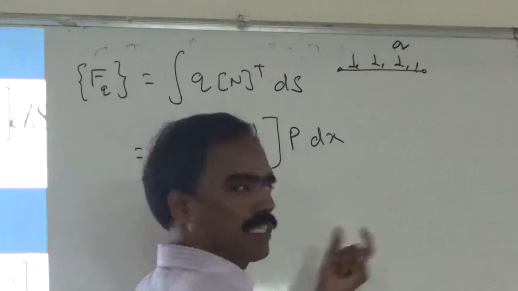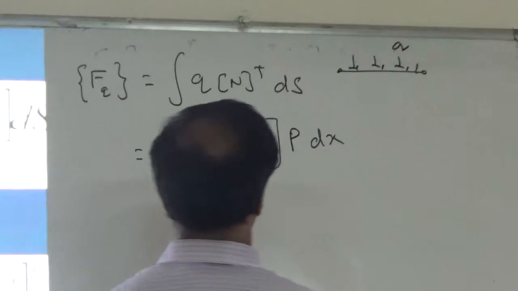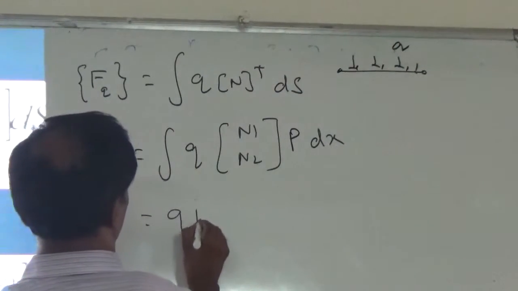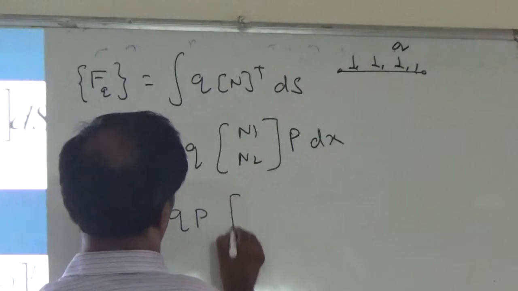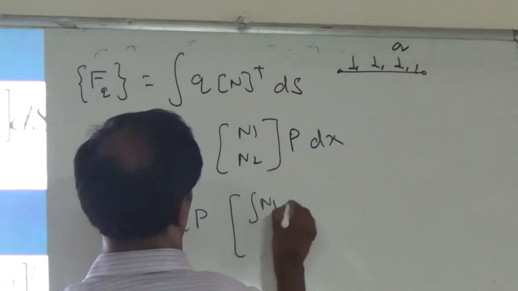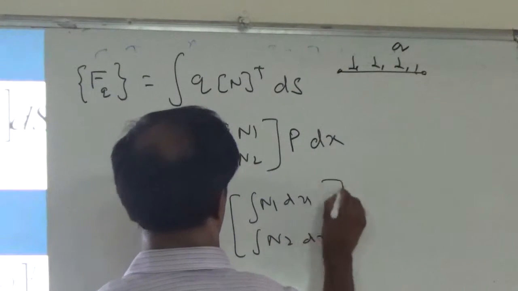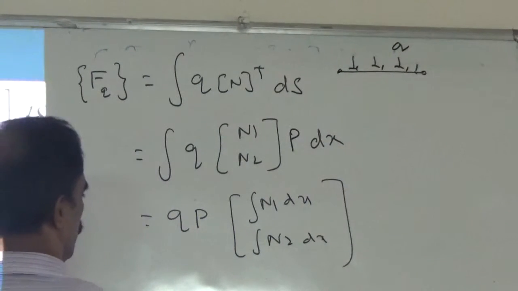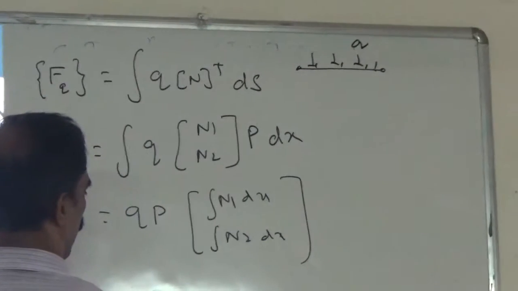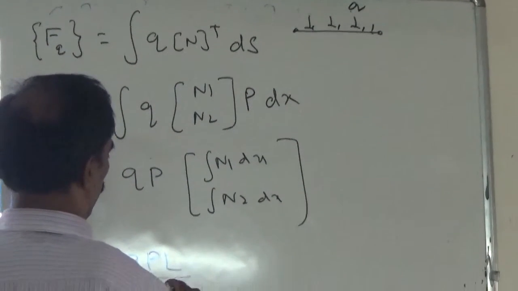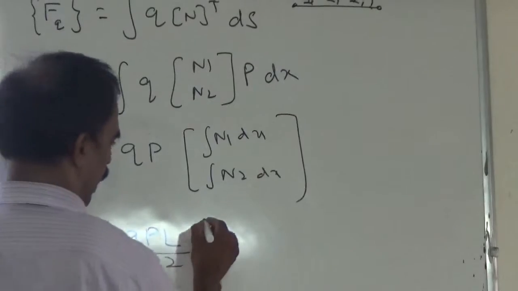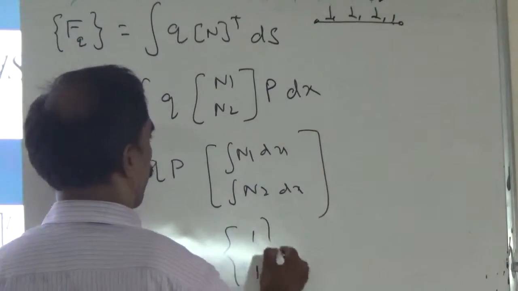Let's just take a small distance. This Qp is a constant, I can take it outside the integral. This is the integral of N1 dx, integral of N2 dx. Then once you evaluate, this becomes Qp L by 2, you can take it outside, times 1, 1.